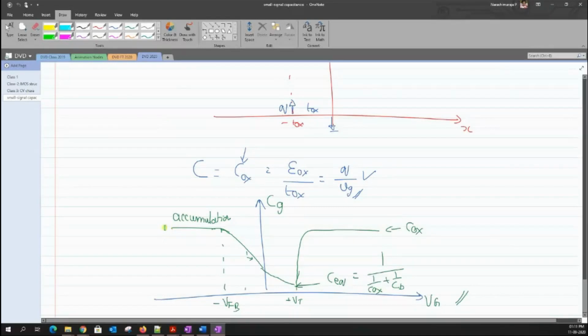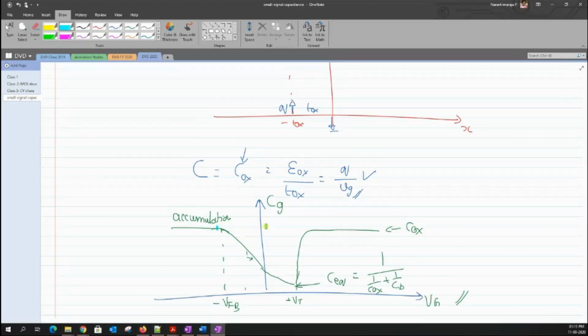Throughout the accumulation, you could see that this COX quantity, or generally the gate capacitance CG, is almost constant. Then you enter what is known as the depletion region. In this depletion region, you could see a reduction in the capacitance. Why? Because there are two capacitors in series, and one of them has a variable depletion width.